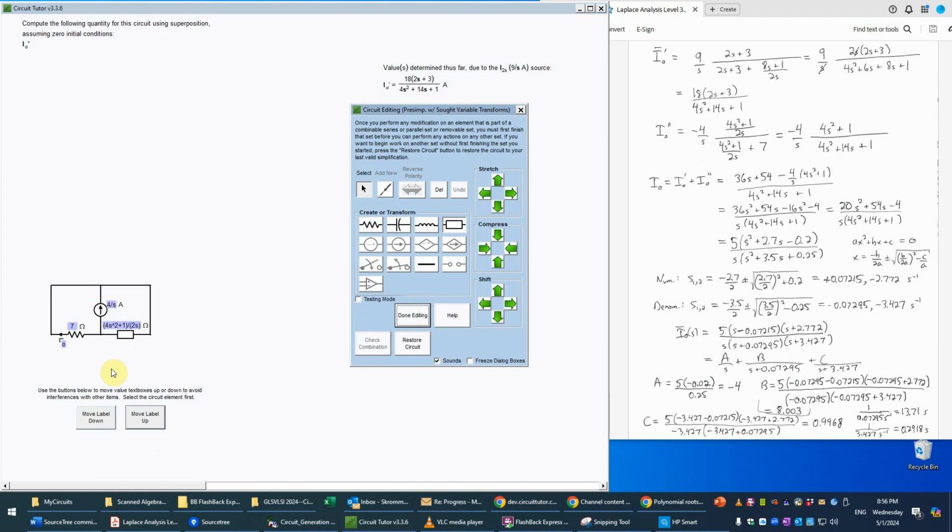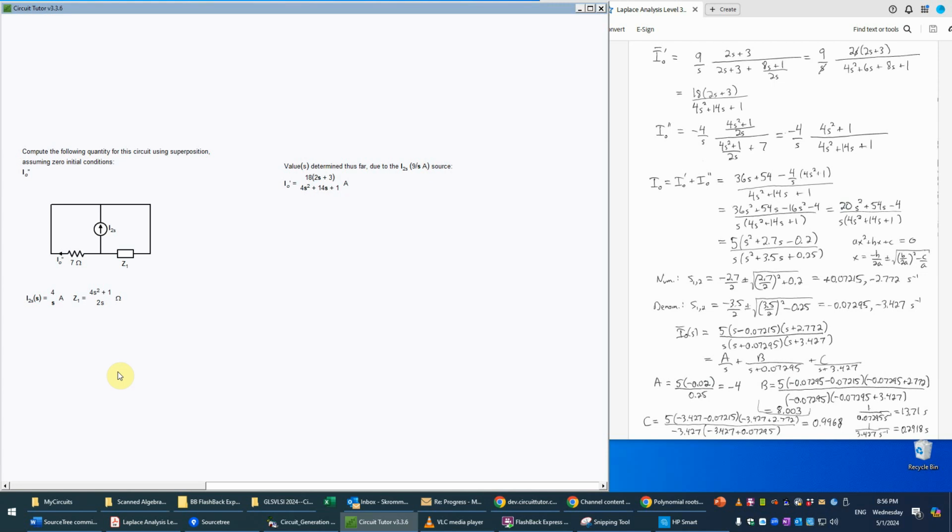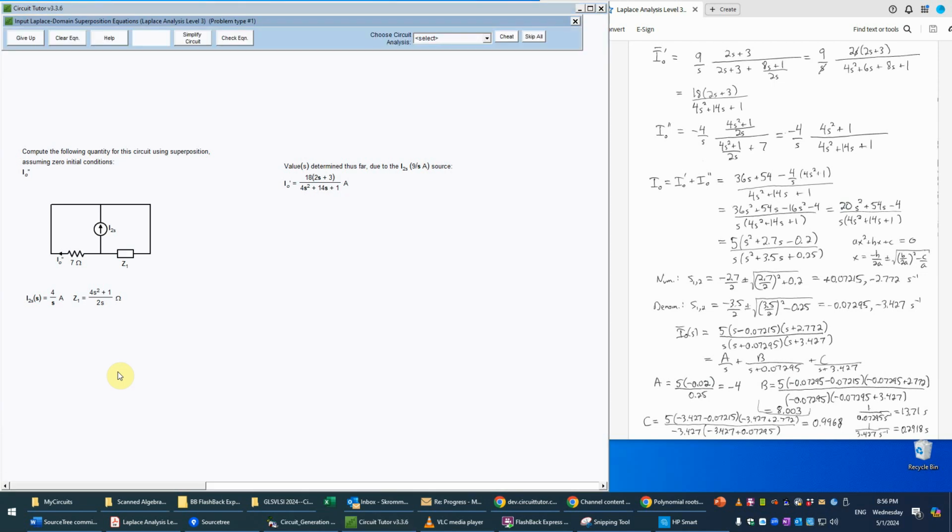Since it's now a current divider, that's fairly easy to analyze. Okay, so we've come out of the editor now, and once again, because this is a single node pair circuit, we can use that type of analysis.